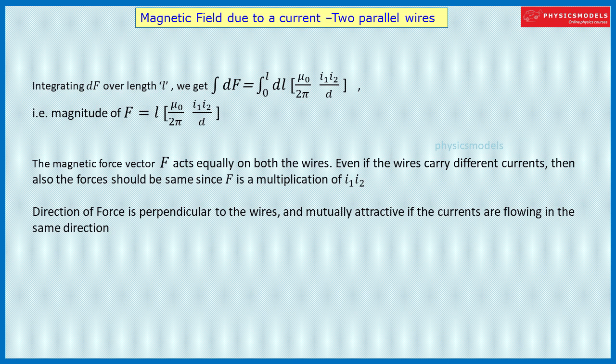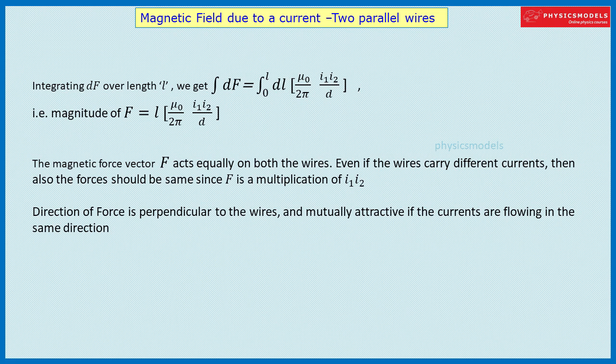The thing within brackets, that's not variable with the length. So integration of 0 to L dl will become L, and therefore the magnitude of F will be L into mu0 by 2 pi into I1 I2 by d. This magnitude F acts equally on both the wires.